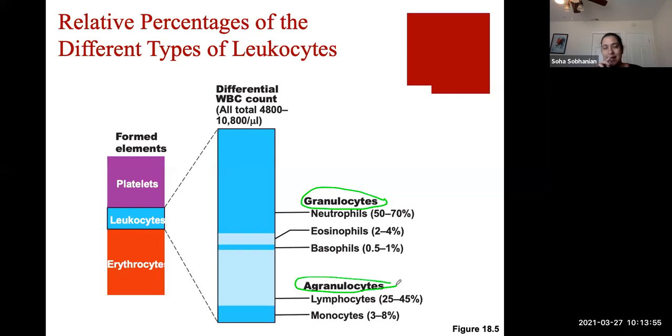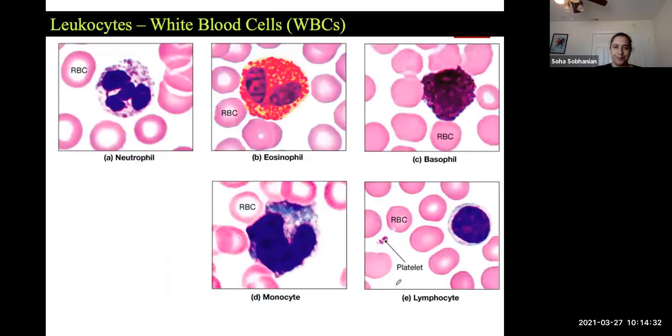Simply put, when you look at a white blood cell and the cytoplasm, the space inside the cell, if it has little tiny dots inside of it, it's a granulocyte. If it looks pretty clean and uniform with no dots or spots throughout it, it's called an agranulocyte, as in they're missing those granules. So granulocytes are your neutrophils, eosinophils, and basophils. And the ones that are missing those little dots are either lymphocytes or monocytes.